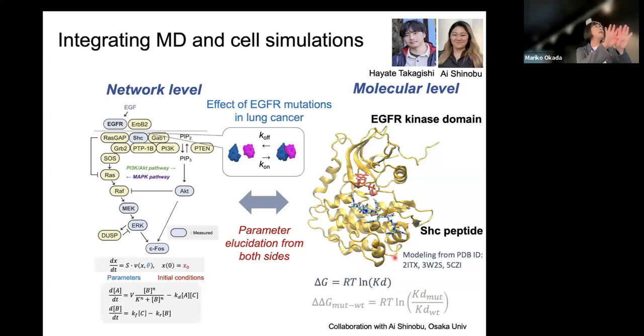So by doing the parameter estimation from this side and this side, we may find a normalization method, how to incorporate the MD data into the mathematical model. And also we may be able to find the alternative pathway which cannot be explained by only considering this information.